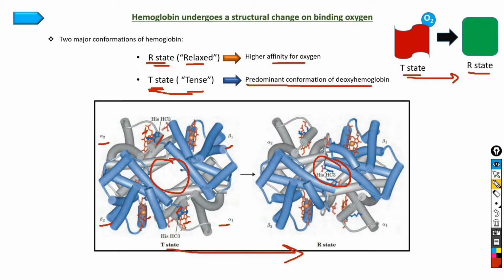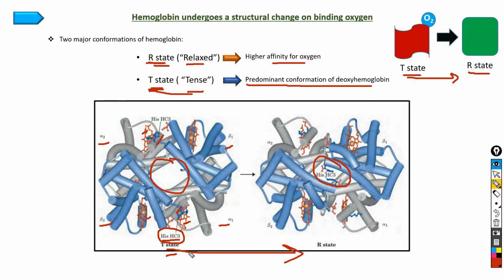And in this process, some of the ion pairs that stabilize the T state are broken and some new ones are formed. The most important is the His HC3 residue at the C termini of the beta subunits. His HC3 residues at the C termini of the beta subunits are involved in ion pairs in the T state.